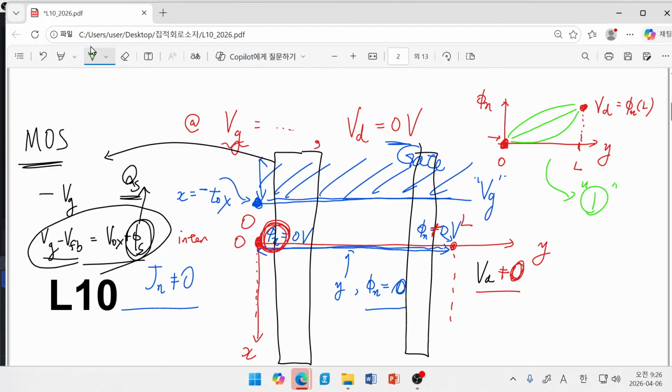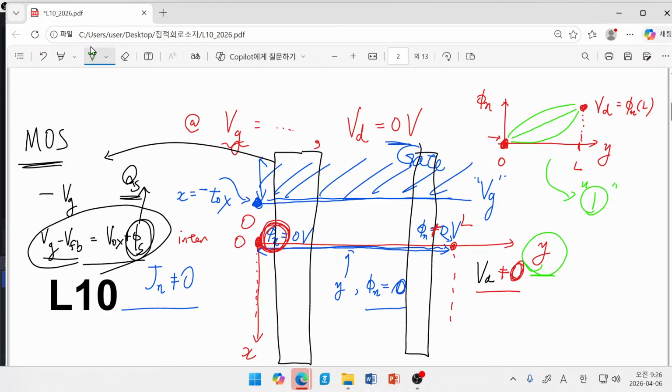Okay, so this is just a description about our problem. Why do we have such a complicated problem? Because we now introduce this new dimension called the channel direction. The Y-axis is allowed, and also we allow spatial variation along this y direction.